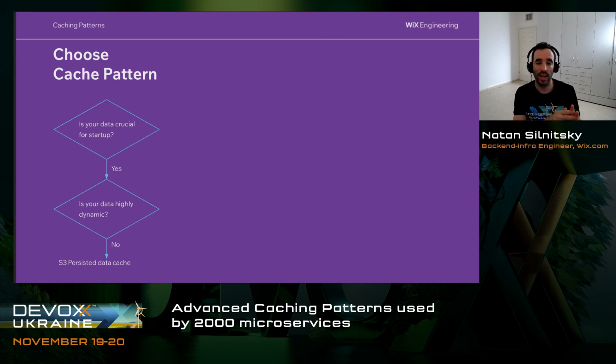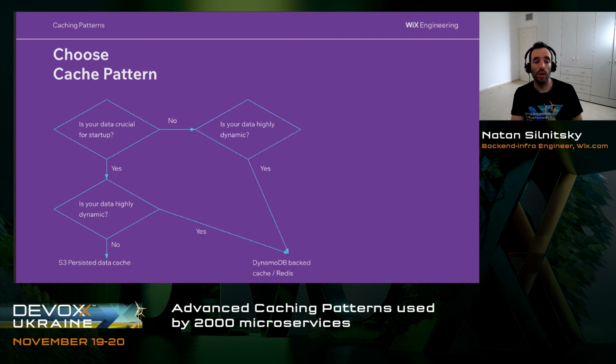If the answer is yes, and it's pretty statically updating, then you can just have a pattern where you back up information to S3 or other object cloud storages, where you can easily fetch the information as the primary source or the backup source in order to increase availability for your service, which is very important. When a customer for your service says that it's unavailable, it will go to your competitors.